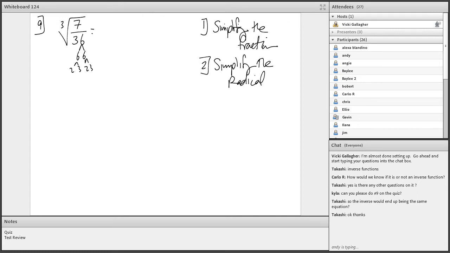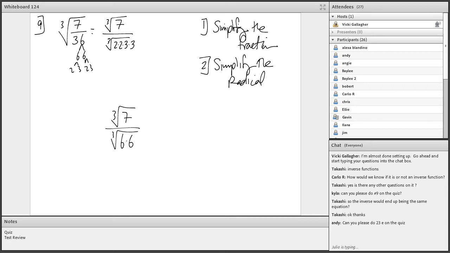And so on this part too, you want to split it into a top radical. And I didn't do the 7 because 7 is prime. And the bottom radical. For 36, we end up with 2 number 2's and 2 number 3's. You could also have kept it as 2 number 6's instead if you wanted to.